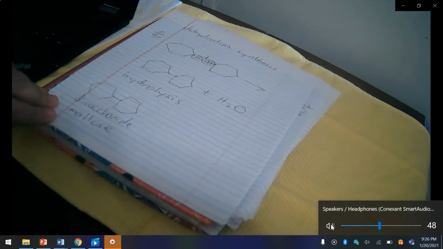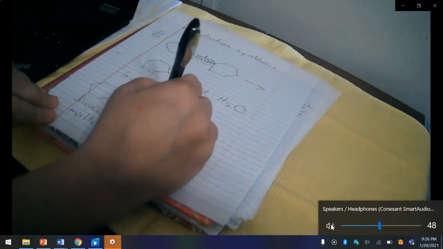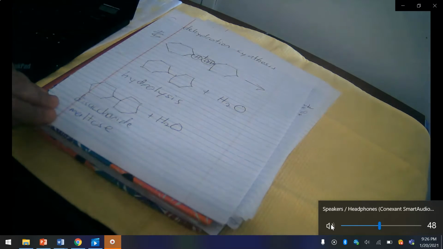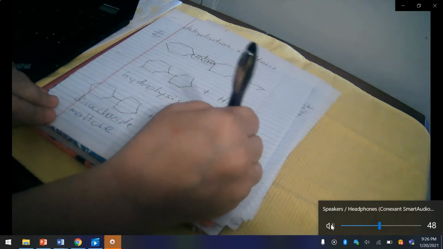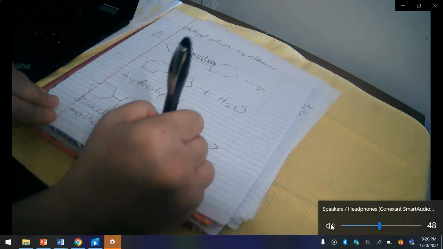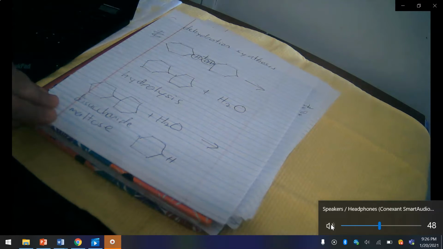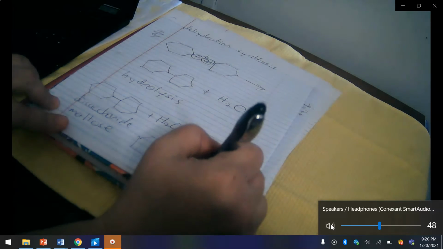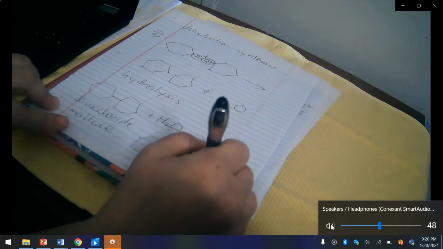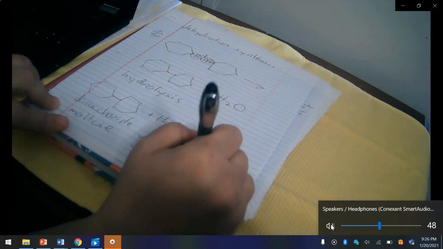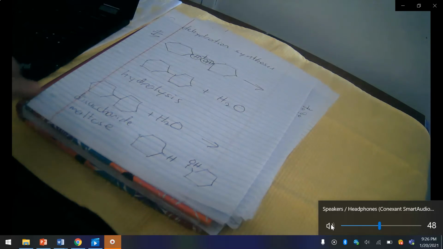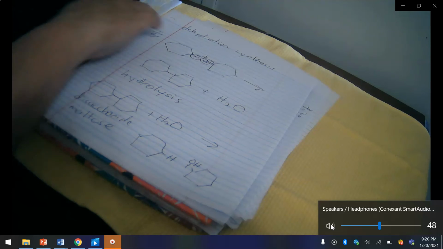So when water is added to that disaccharide, water is used to split it apart, and one of the hydrogens attaches to one of the glucose molecules, and then the OH attaches to the other glucose molecule. So that's where your water goes. So this is called a hydrolysis reaction.